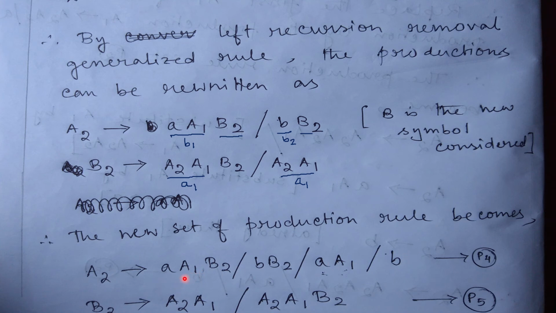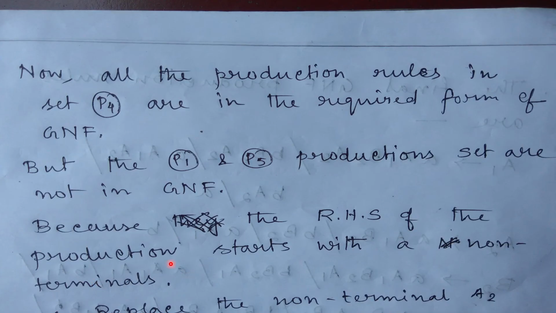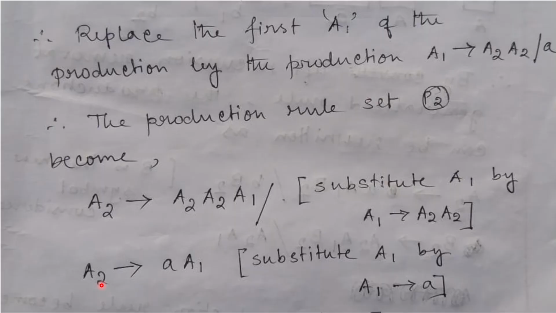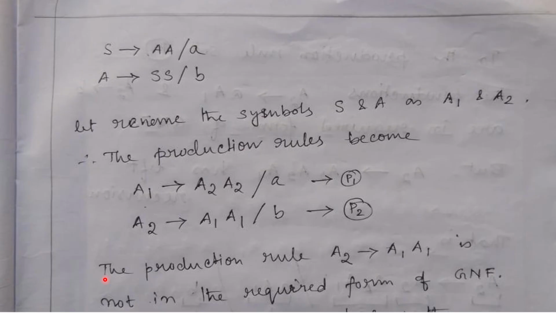But is it true for the P5? But you see, the P1 and P5 production sets are not in GNF. We are actually updating the production rule for A2, but we cannot forget the production rule for A1. That is the first production rule, this one. This is not in GNF, right?